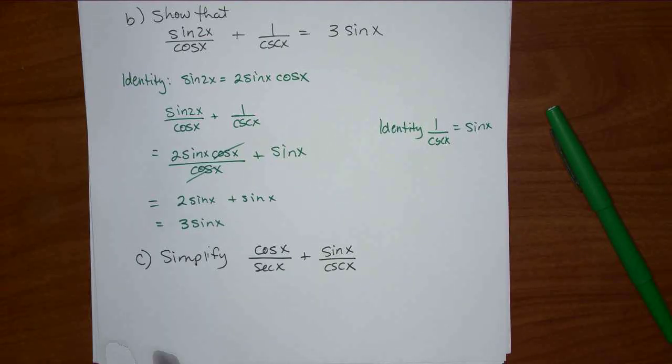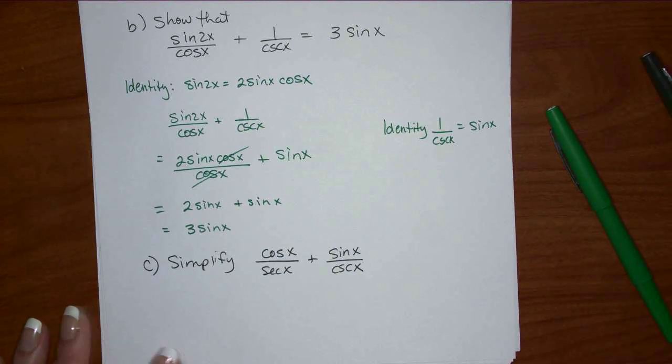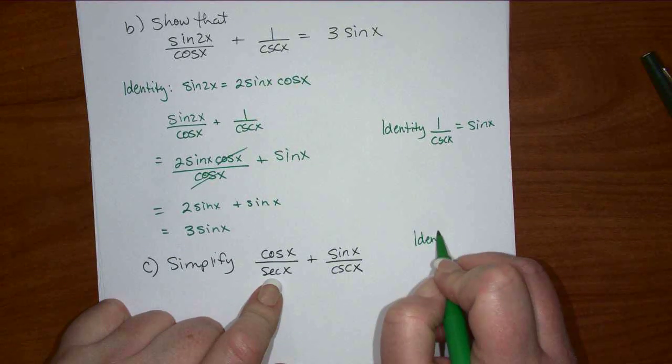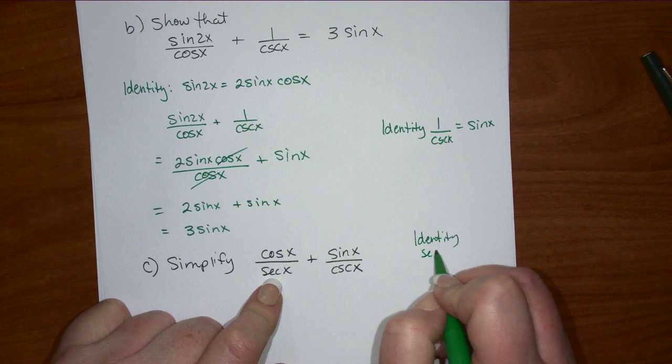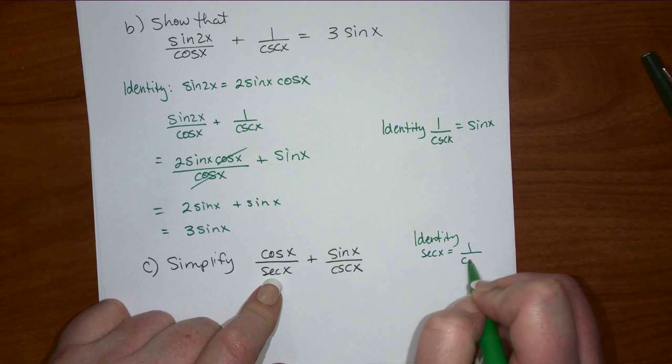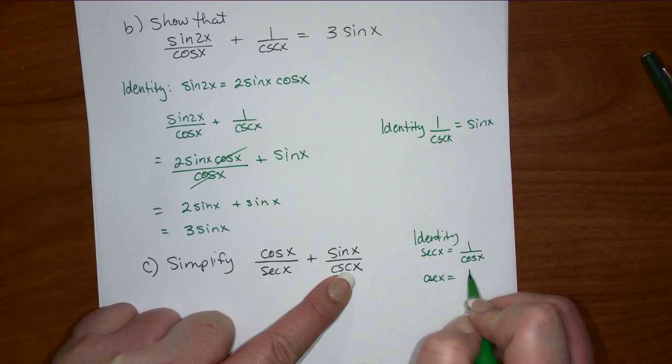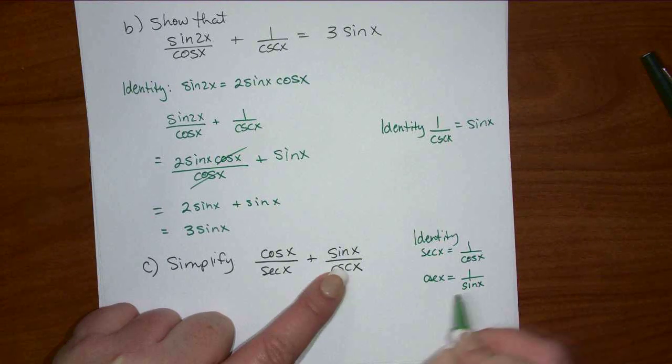Okay, so what do we do here? Convert things to sine and cos. So secant is 1 over cos, and cosecant is 1 over sine. So we're going to replace those two.